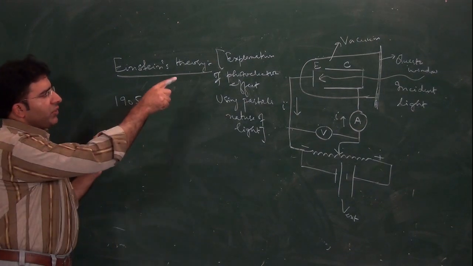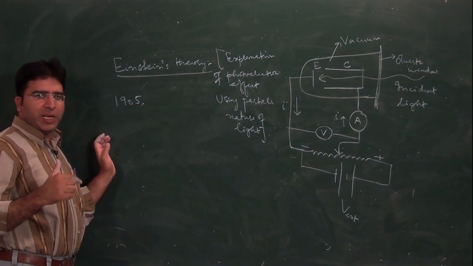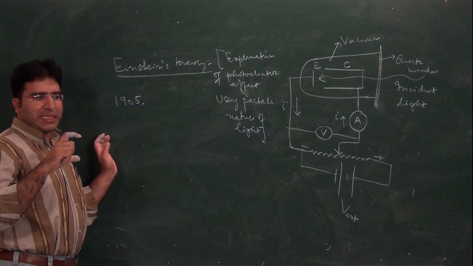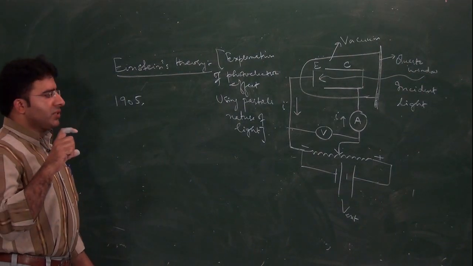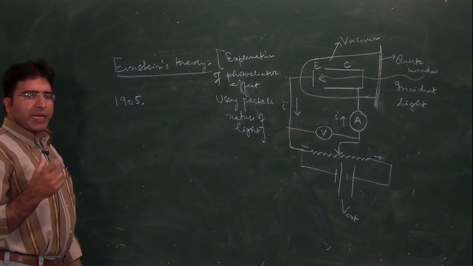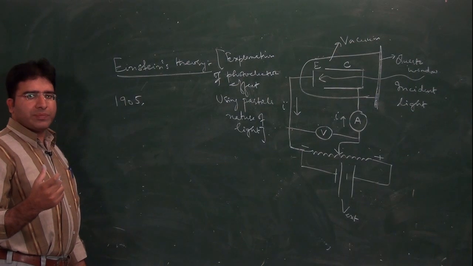So Einstein said we can explain this photoelectric effect only if we treat light not as an electromagnetic wave but as a stream of particles, a stream of energy packets. Each energy packet is called a photon.